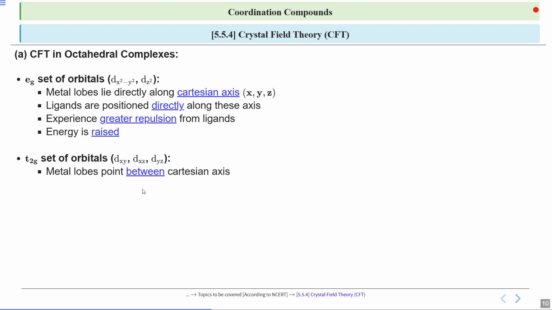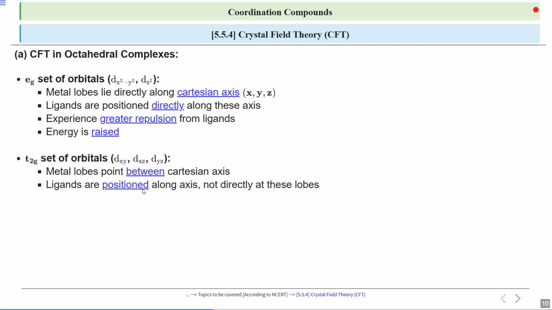Like if you take the x axis and the y axis, then the lobe points between the x and y axes, not along the axis, but at 45 degrees from the axis. That means they point between the Cartesian axes.